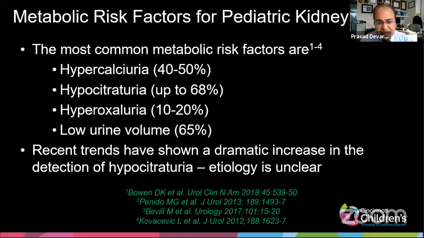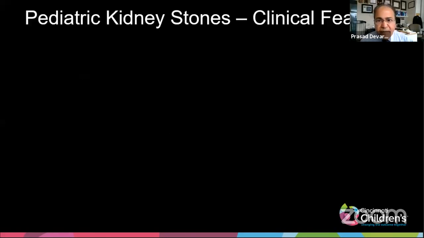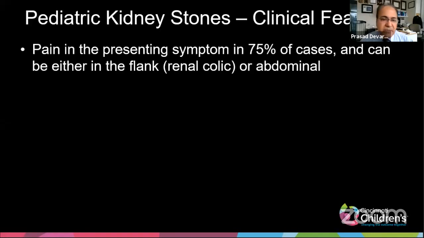And like I said, recent trends have shown this dramatic increase in the detection of hypocitraturia in patients with kidney stones, and we really don't know why. So how do these kids present to us? Pain is usually the most common reason they present to us, and it can be either flank pain, or what's classically called renal colic, but increasing numbers of kids are presenting with abdominal pain, upper abdominal pain, and they get dismissed as gastritis, gastroenteritis.